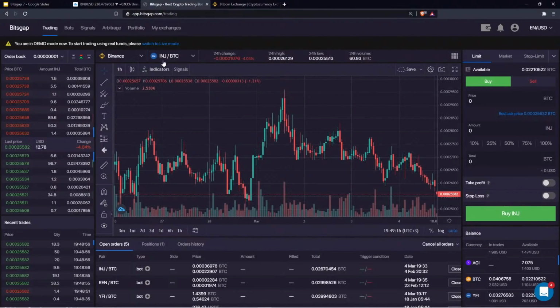If you want to sell INGs to Bitcoin, then select ING to Bitcoin. If you want to sell ING to anything else, then you can click here and you see all the options to which you can sell it: BUSD, USDT, or BNB. That's clearly up to you how you want to get rid of the base currency which is left.